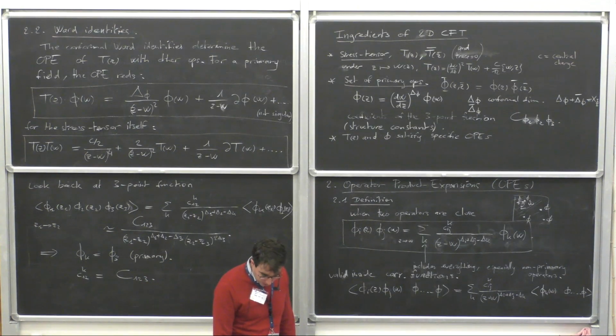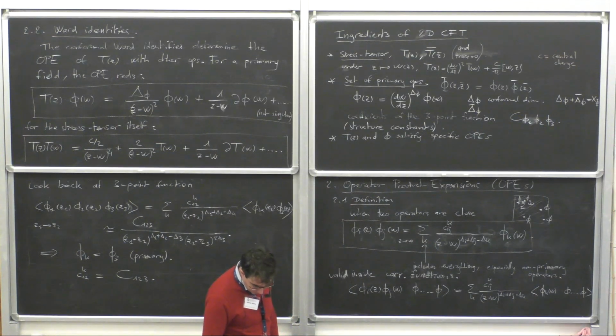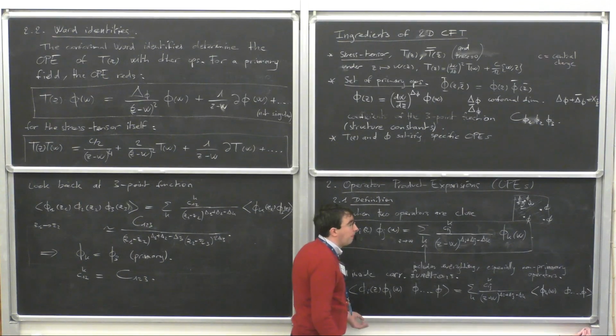We'll talk about the Hilbert space of the conformal field theory, about the algebra that is acting on this Hilbert space, and I'll mention minimal models, and we'll see if we have time to talk quickly about renormalization group fixed points.